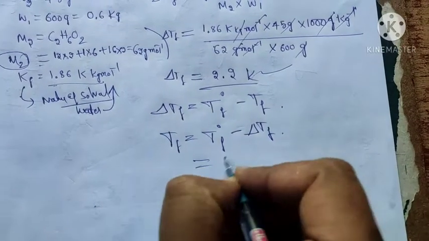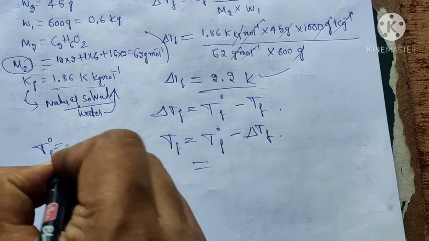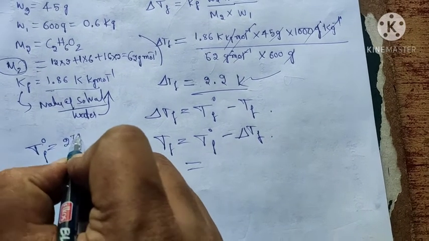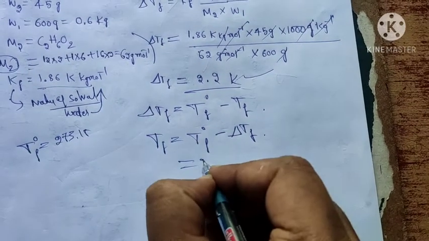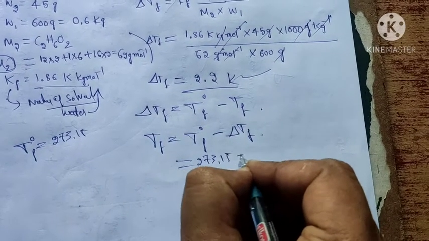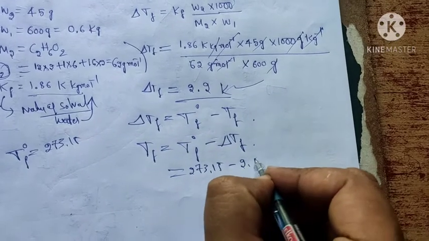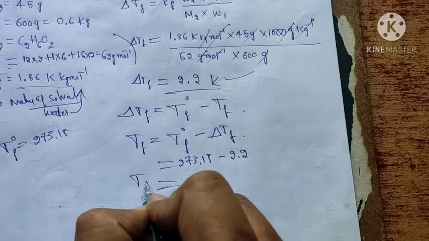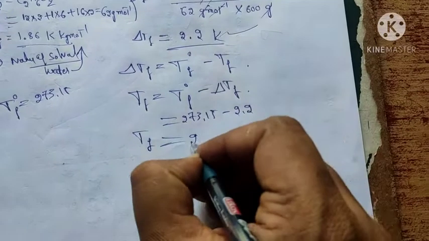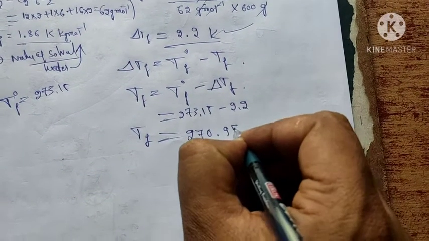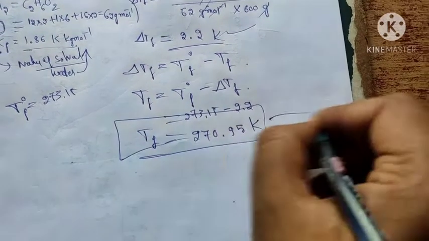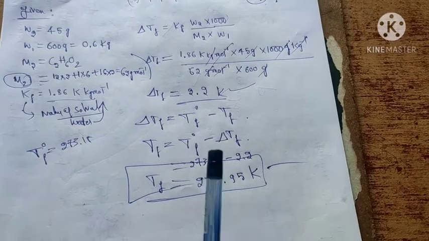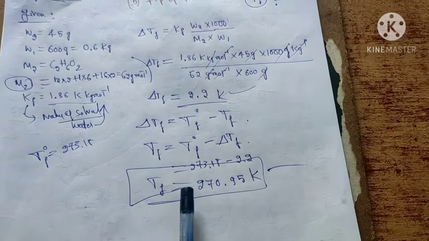T naught F is the freezing point of water, 273.15. So 273.15 minus delta TF, which is 2.2. So overall we get TF as 270.95 Kelvin. Okay, this is a simple calculation. We go to one more problem.